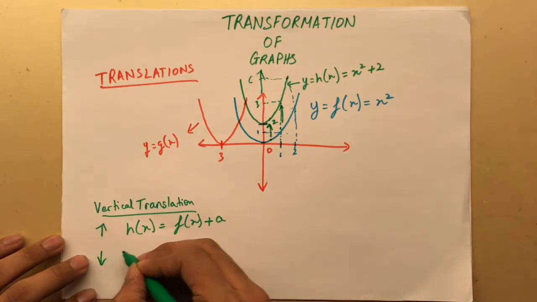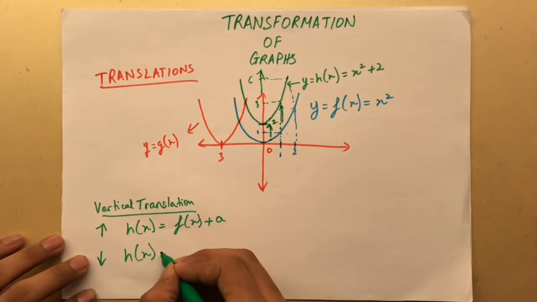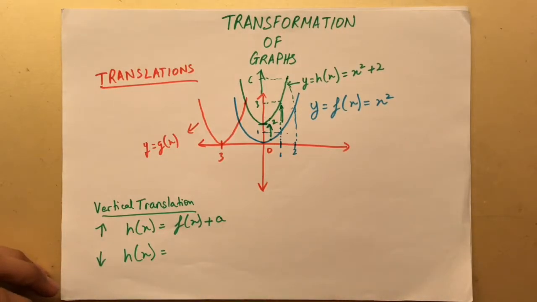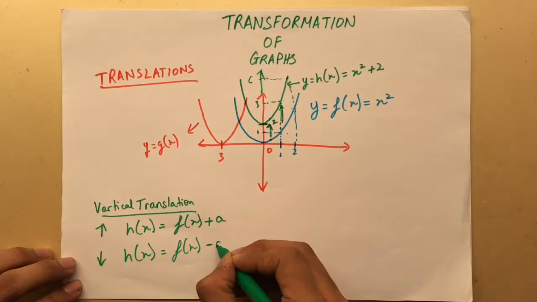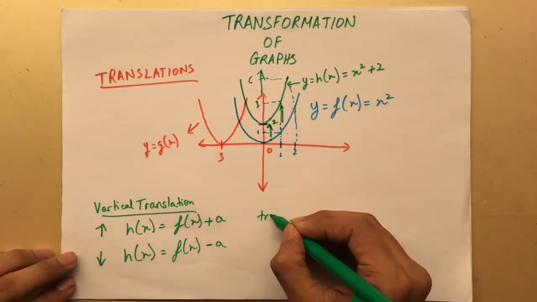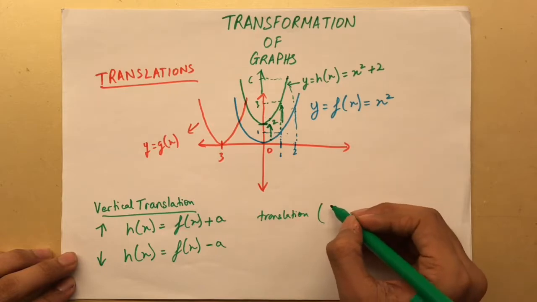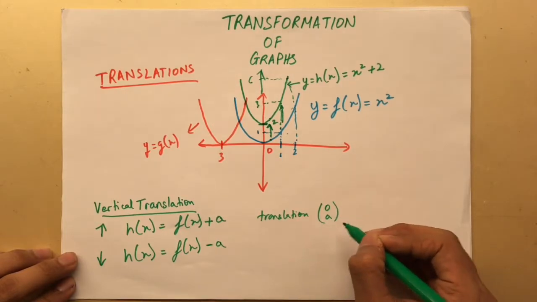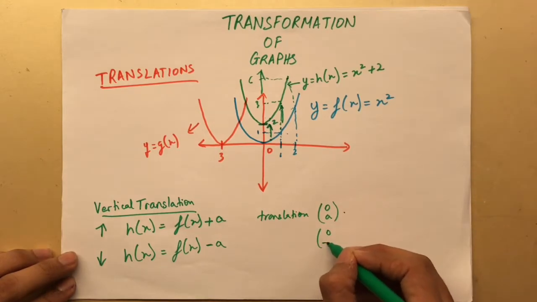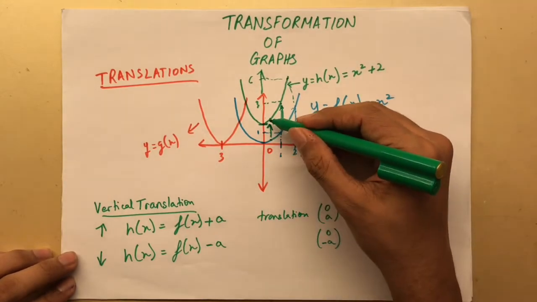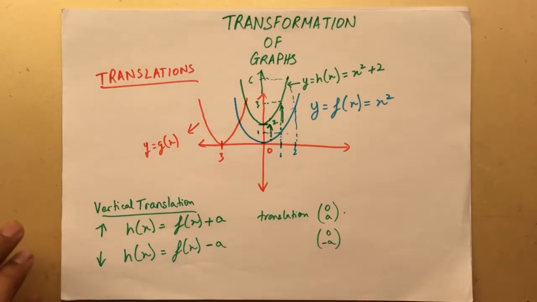And if I was moving it down, it would be a vertical translation of the factor minus a, and that would be f of x minus a. This can also be written as a translation with factor 0a, or a translation factor 0 minus a. In that case, I would move it either up or down by a units.